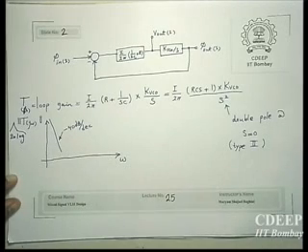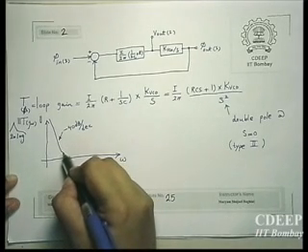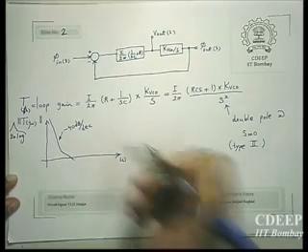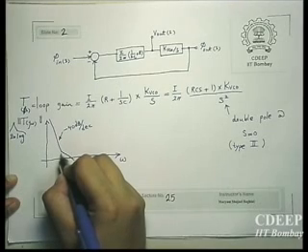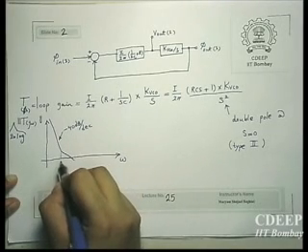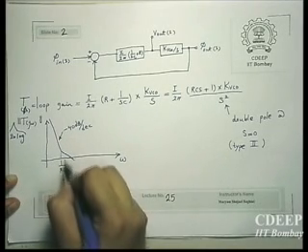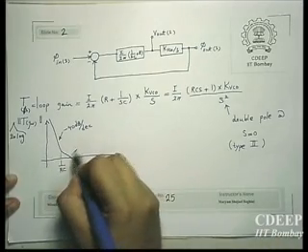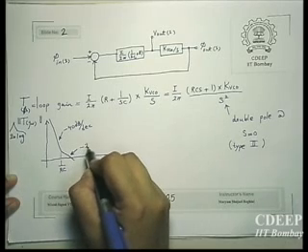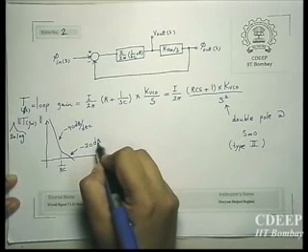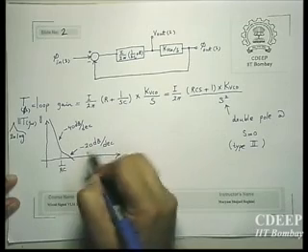And at the zero, which is 1 upon RC, slope will reduce to minus 20 dB per decade. The absolute value of slope will be less.